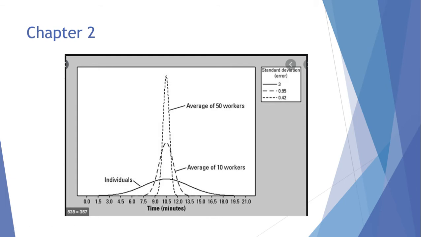If we measured how long each took to do this job and calculated the mean, and let's say it was about 12 minutes, that's the mean for this group of people.